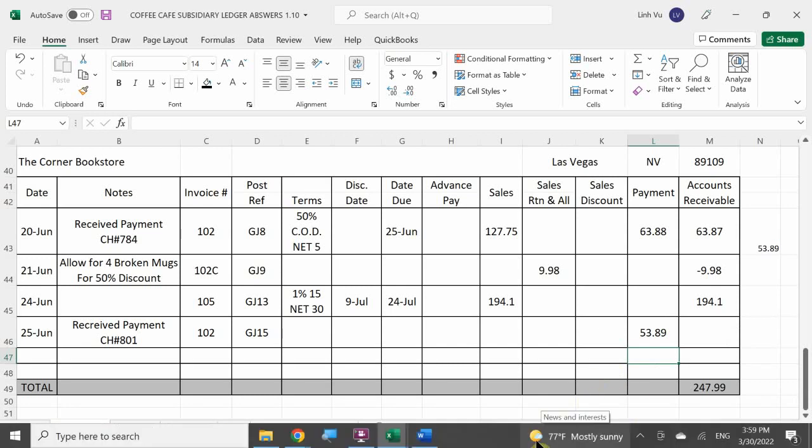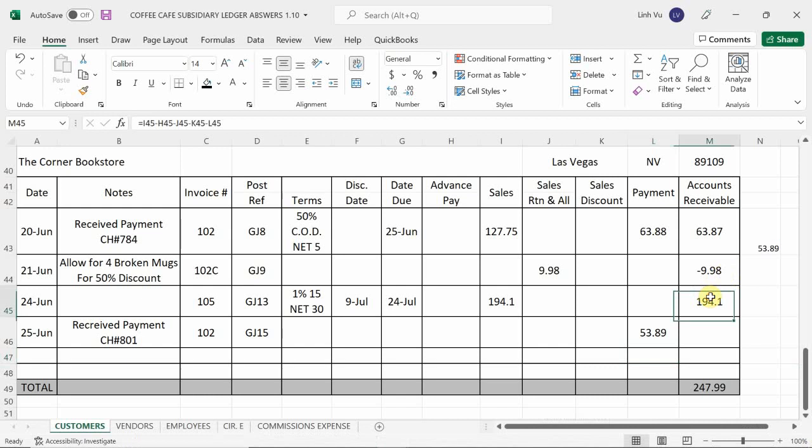It was our duty that we had to ship them out a new invoice with the corrected amount. So in this case, that is exactly why the corner bookstore knew exactly how much to pay me, which was $53.89. So if I apply that they paid me $53.89, they now owe me $194.10, which was the invoice that we just sent out to them for invoice number 105. Okay.